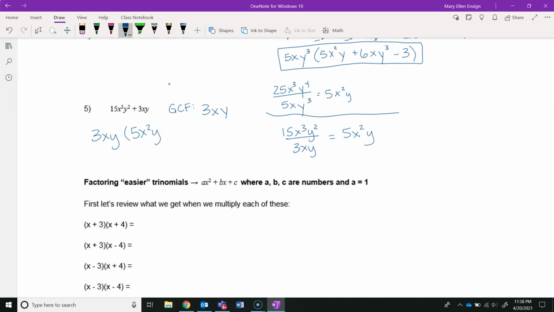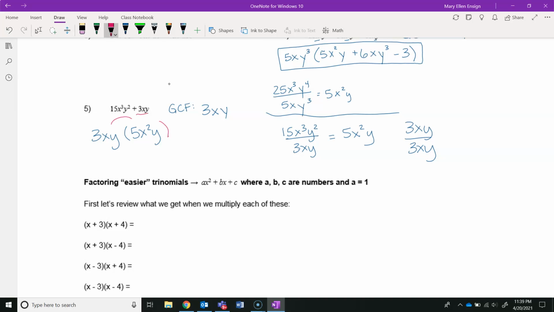Now, when I look at this next term, the next term over the GCF looks kind of funny because that last term itself is the GCF. What I can't do, so I'm going to write it for a minute and then I'm going to erase it, I cannot just say, oh, that cancels out, so it's gone. Think about why. If I were to check this by multiplying, and I multiplied 3xy times 5x squared y, I'd get 15x cubed y squared, and that would be it.